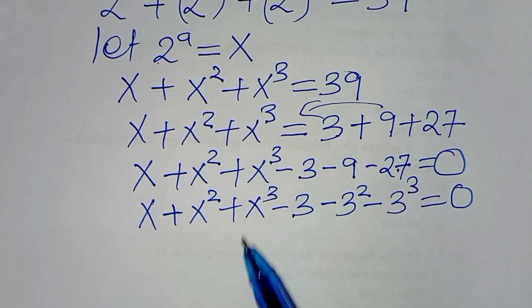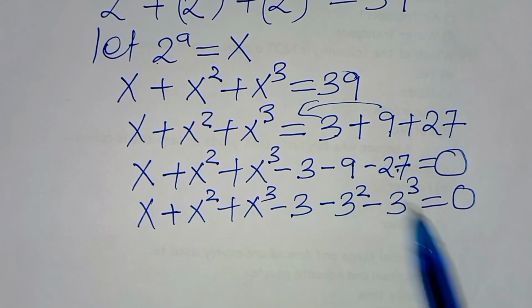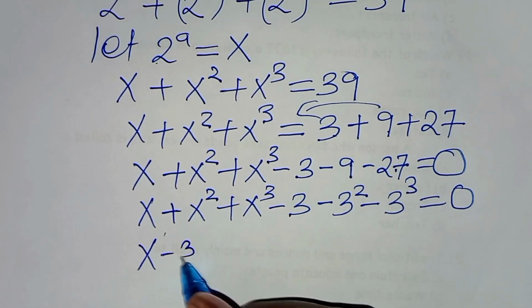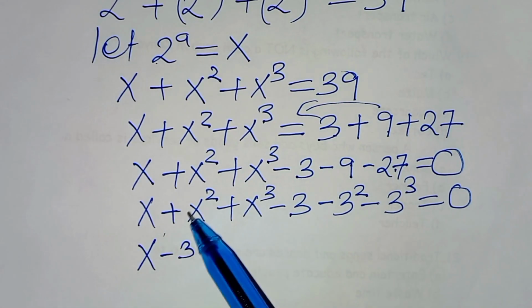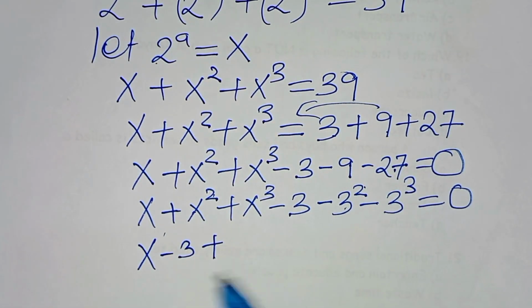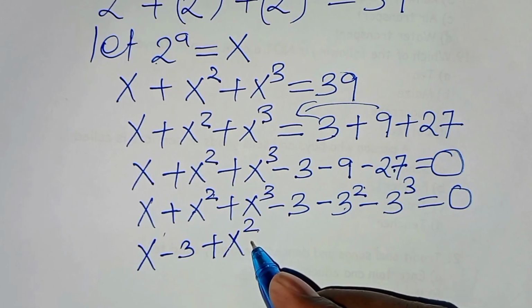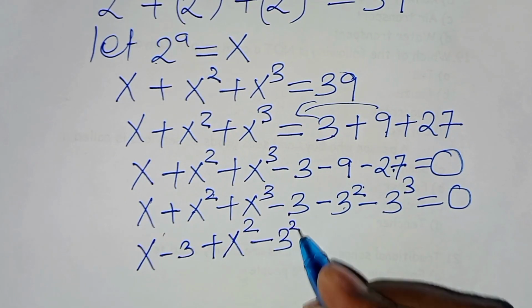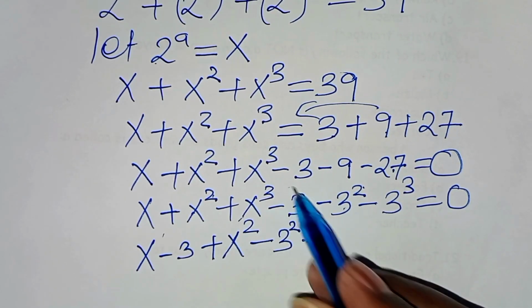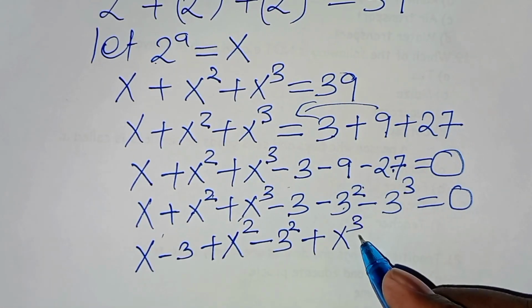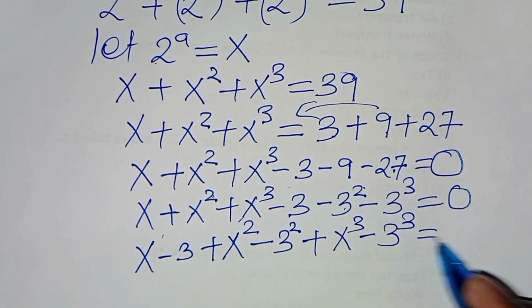So now let's combine, that is, let's put this as x subtract 3, plus x squared subtract 3 squared, and then plus x to power 3 subtract 3 to power 3. This is equal to 0.